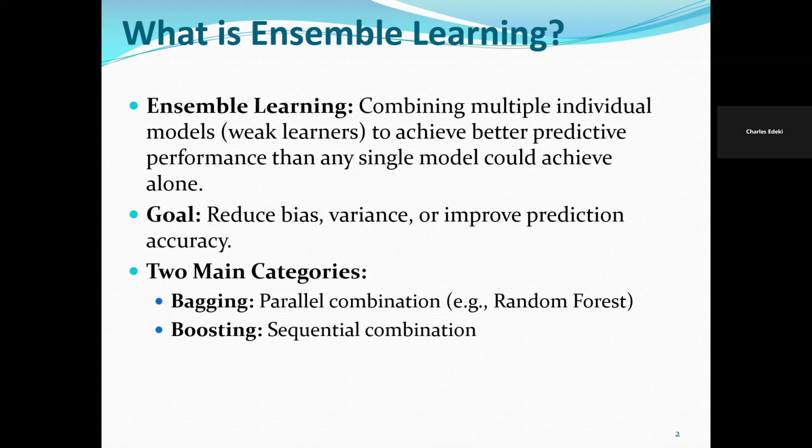So the weight will increase, kind of. Maybe it's not really clear, but hopefully it will be clear as we go through the lectures. In the parallel combination, everything is based on majority vote or mean. Each model is built independently. We don't have to know the previous outcome. In sequential combination, we can use past performance. Maybe this doctor is a better doctor, so we give him 90% weight.